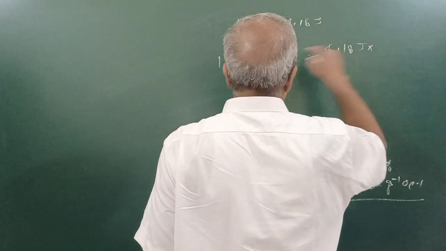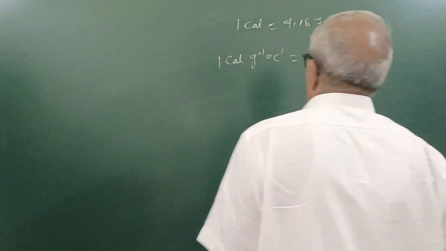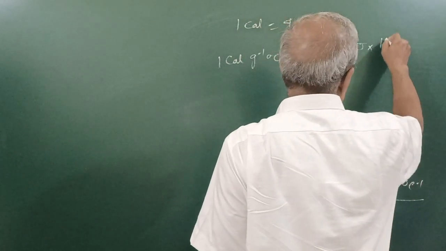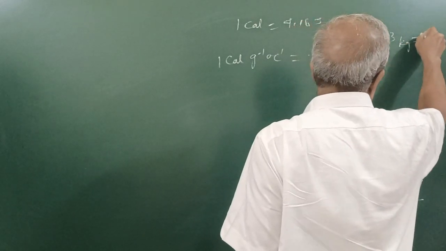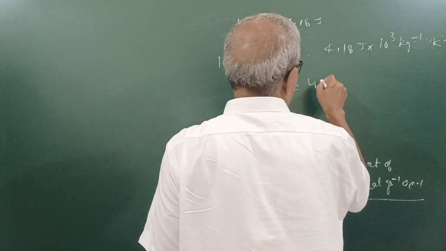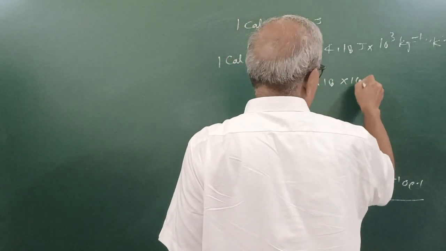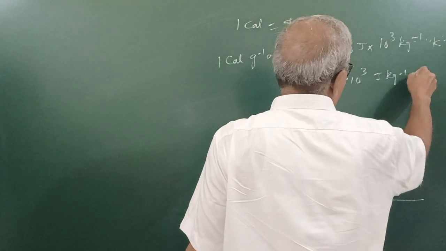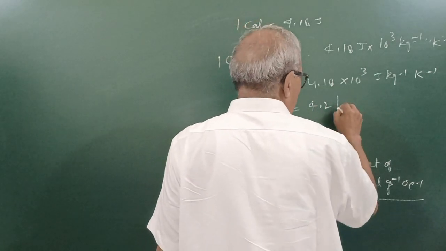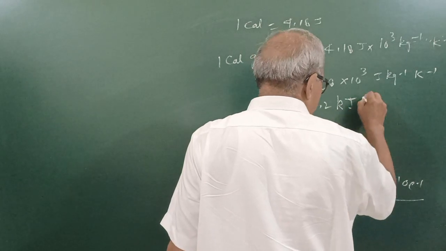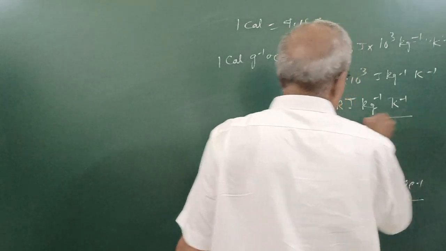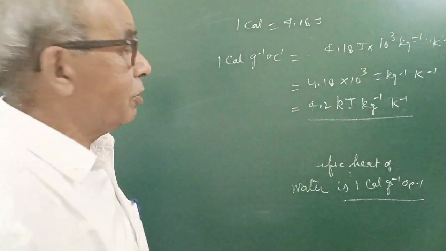Gram, how many kilogram? It is 10⁻³ kg per degree centigrade, and you can say per calorie here. So it is 4.18 × 10³ joule per kg per degree per calorie, which people also say as 4.2 kilojoule per kg per degree per Kelvin. Actually, the value of 1 degree and 1 Kelvin is the same.